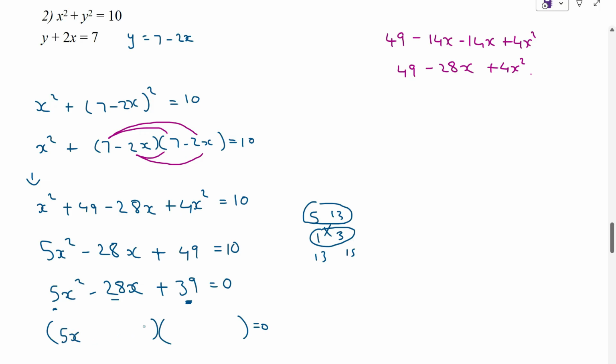So 5x 13, 1x and 3. And we're going to do minus in both brackets. Minus 15x minus 13x gives us minus 28x, and minus and a minus multiplied together gives us a positive.